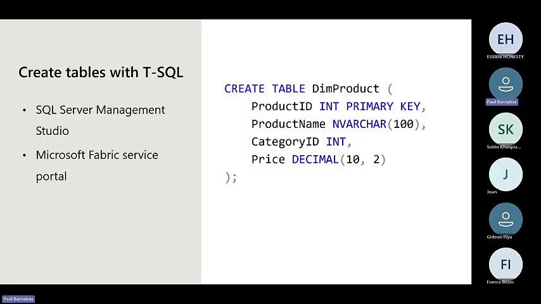This one means NVARCHAR, so n variable characters, and the length for that is 100. When you see a number within a bracket, it is referring to the length of the column.